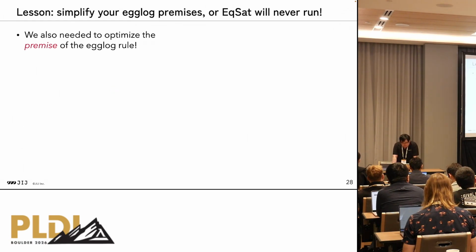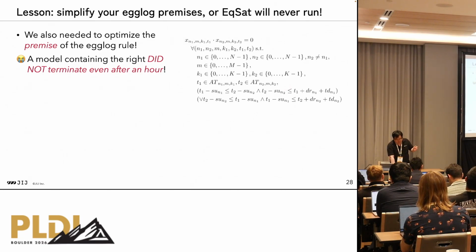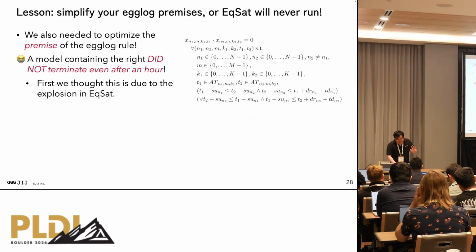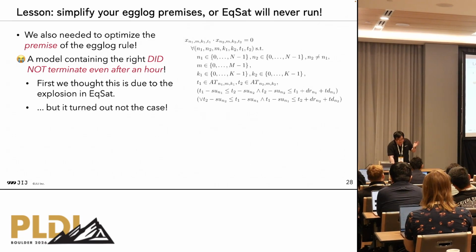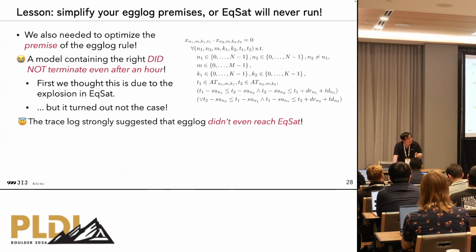Okay, so this worked for simple cases, but we also had to optimize the premises of the generated rules to have practical performance. For one model with the constraints on the right, Egglog did not terminate even after an hour. At first, we thought the cause was an explosion in equality saturation, but it was not the case. After inspecting the trace log, it turned out that Egglog did not even reach equality saturation after an hour.